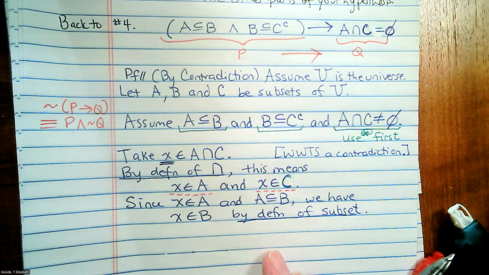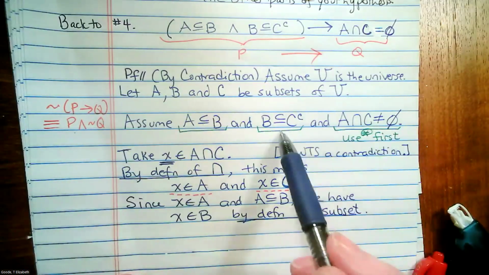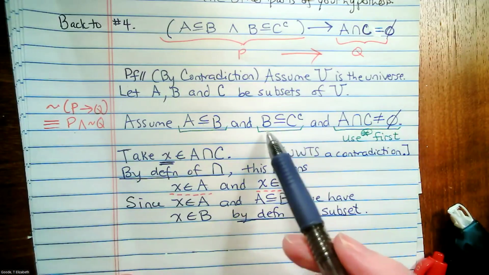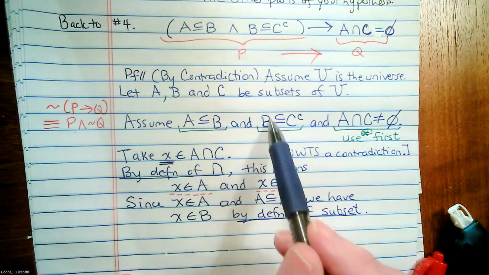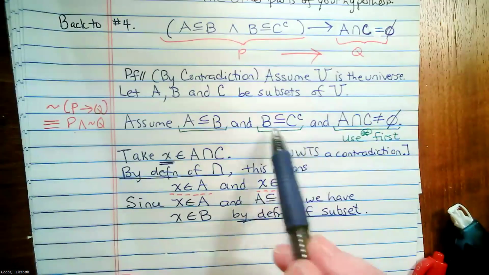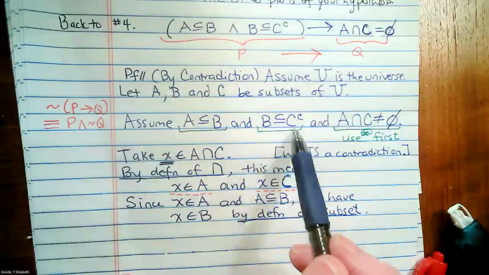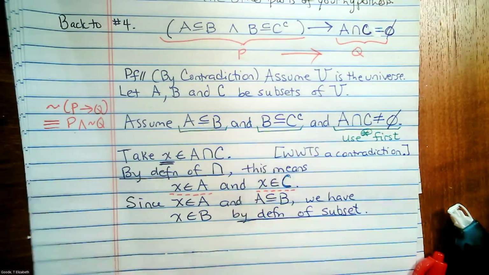Yeah, but it's a stronger statement than just that. It's not just that C complement has some elements that happen to be in B. Every element that is in B is in C complement. B is completely contained inside C complement. If X is in B, then X is in C complement.